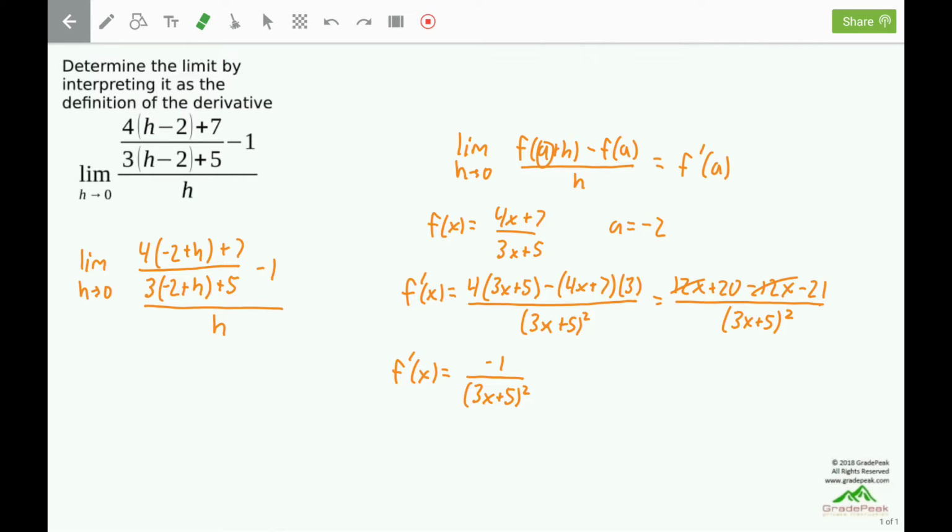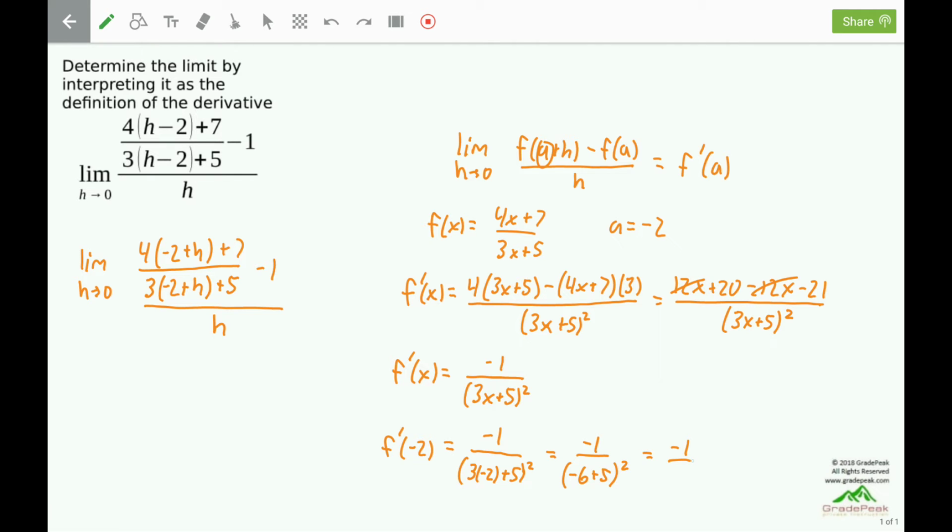We can now evaluate this at the a value. F prime of negative 2 will equal negative 1 over 3 times a negative 2 and then plus 5, the entire thing squared. So negative 1 over 3 times negative 2 is negative 6, and then add to 5, quantity squared.